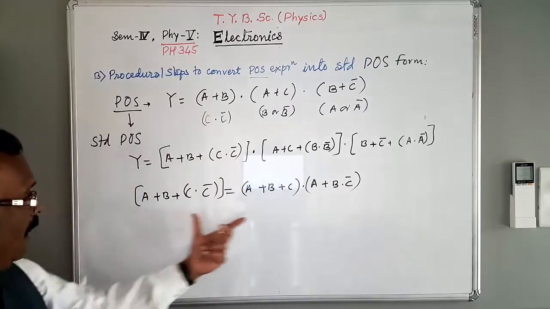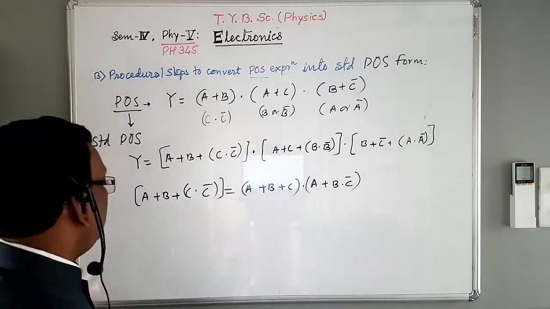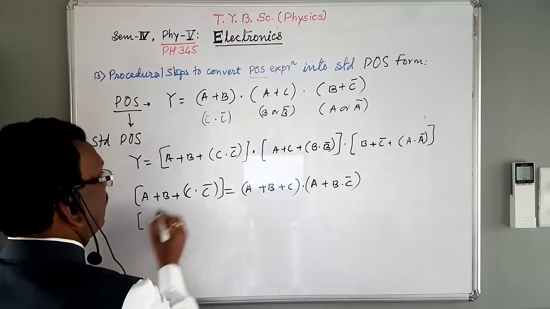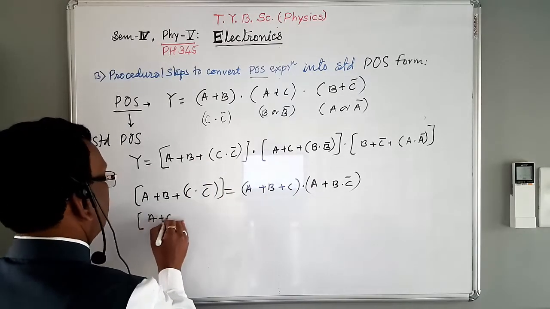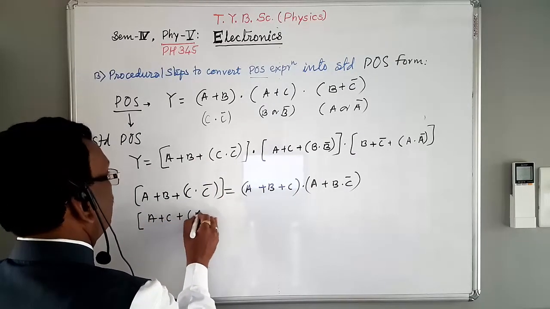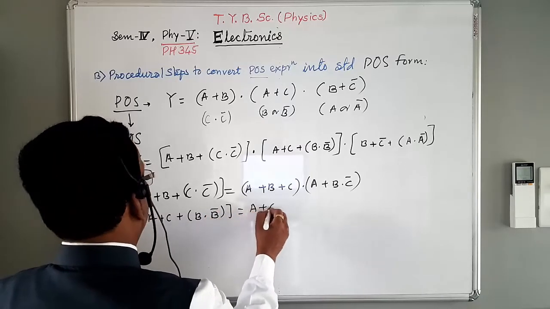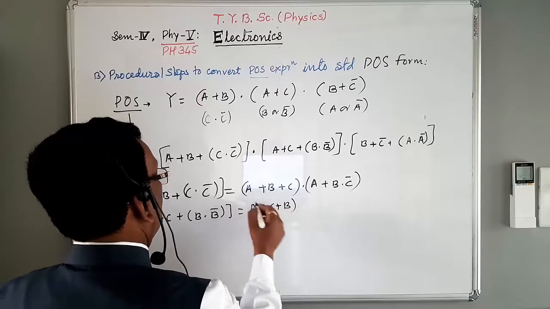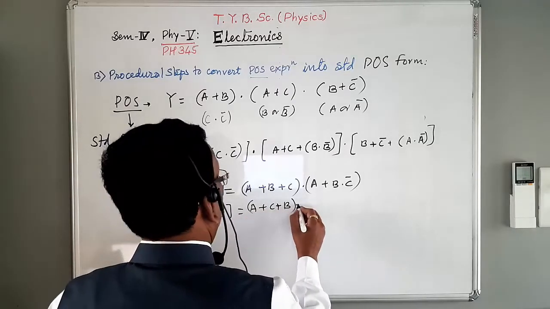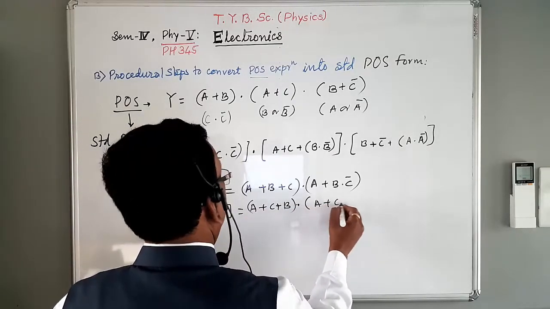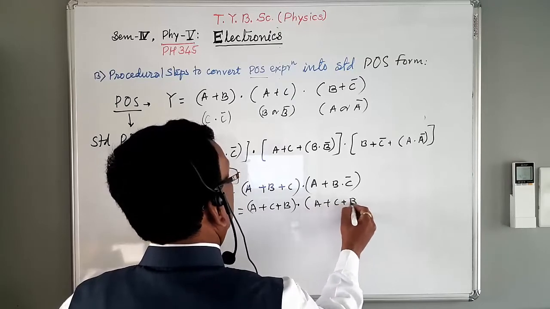Similarly, the next term, A plus C plus B into B bar: solving this, we get (A plus C plus B) into (A plus C plus B bar).